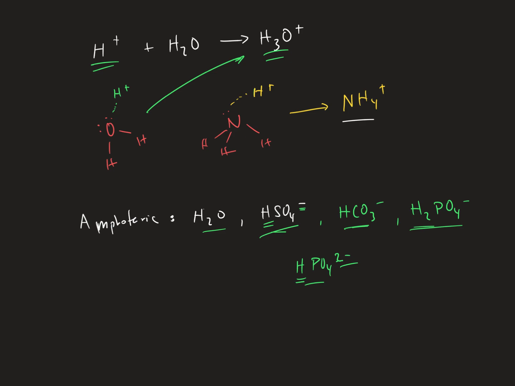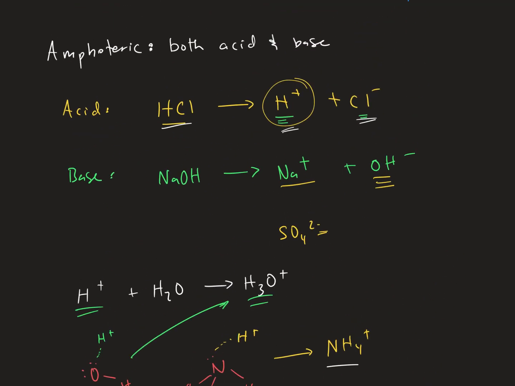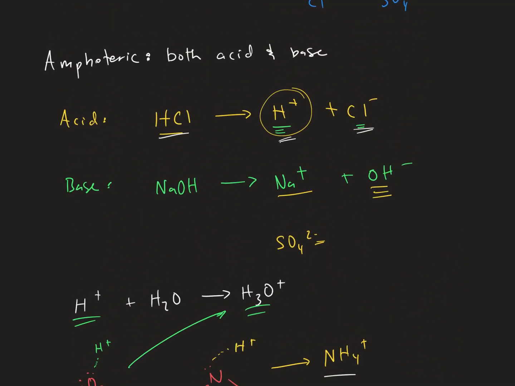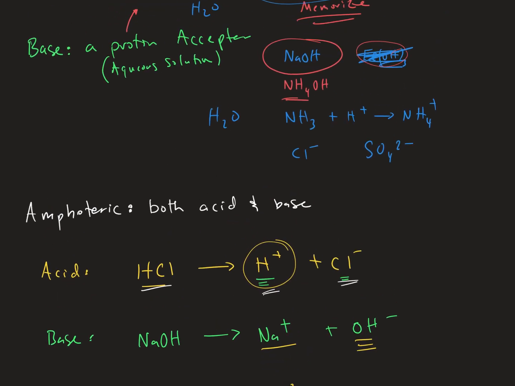Just because it is. Because it can accept a hydrogen ion. And when it does accept a hydrogen ion, it becomes something that exists, the ammonium ion. Are we good?